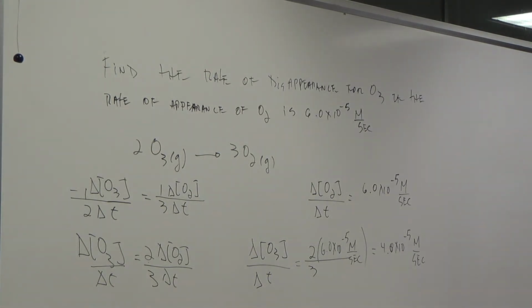So if you don't want the coefficient, what do you do? You multiply by it.